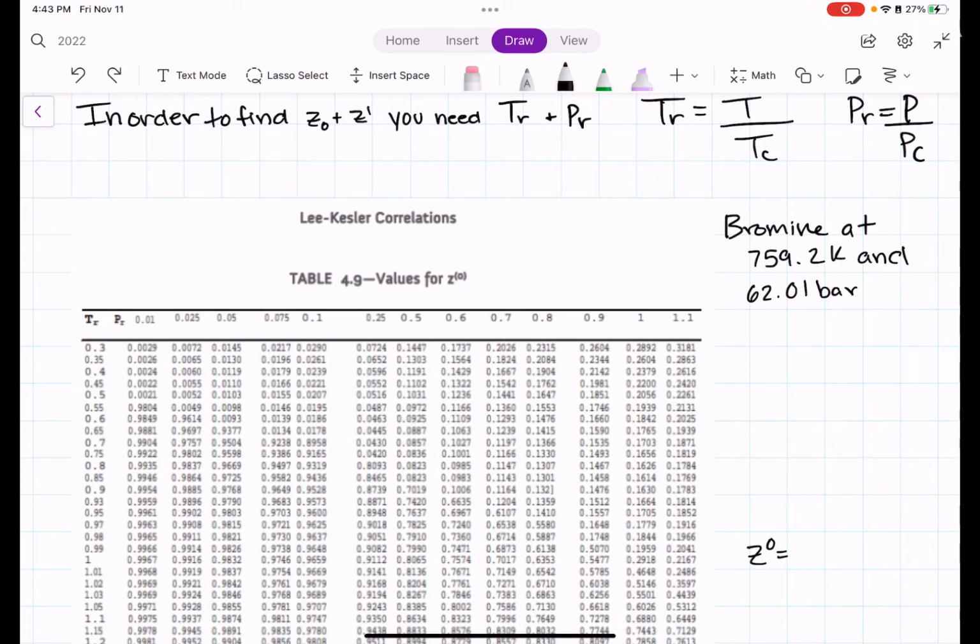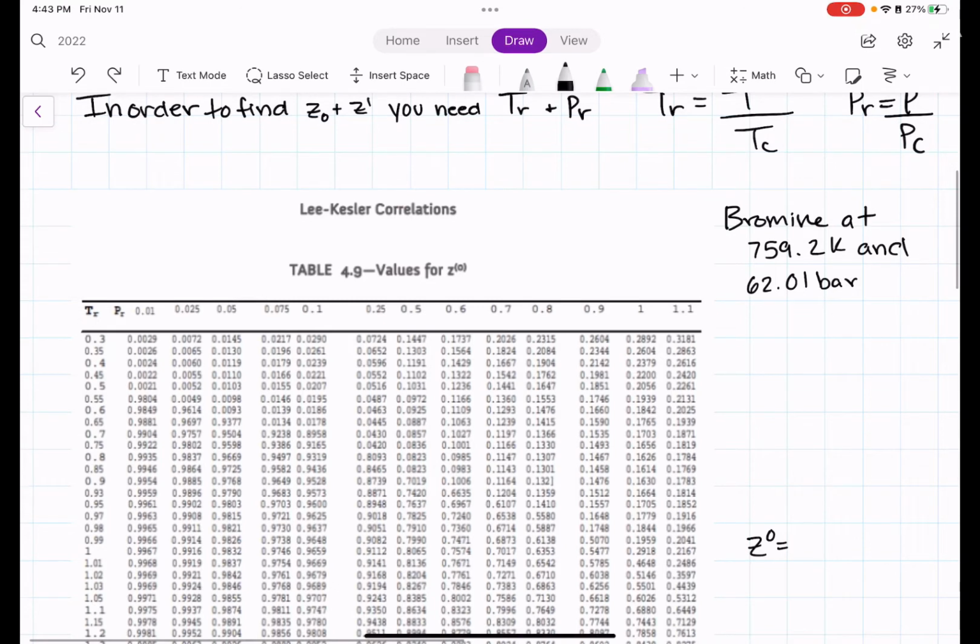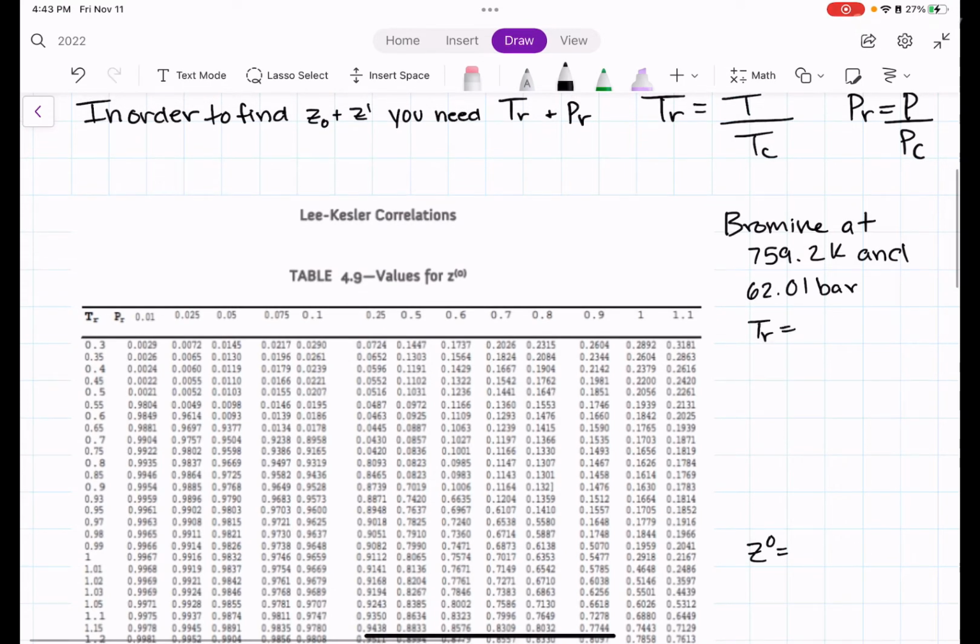You will need to find a reduced temperature, which is the temperature divided by critical temperature. Your T is given as 759.2, and your critical temperature for bromine is 584 Kelvin.